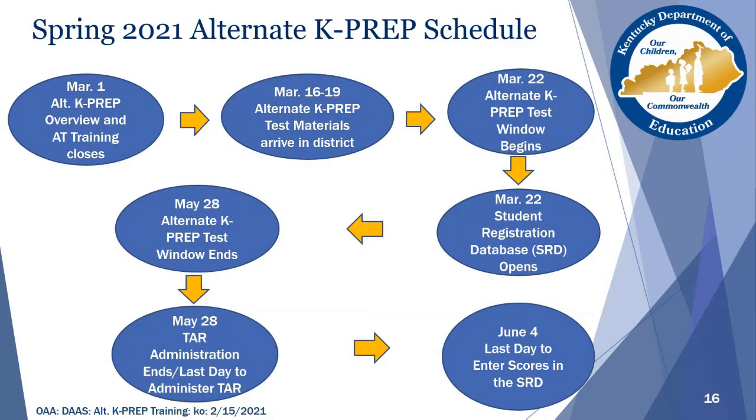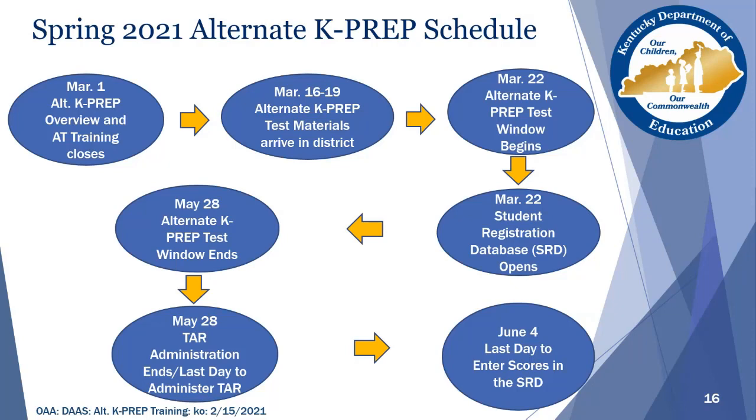This slide shows the newly revised dates for the spring 2021 administration. Originally, the last day to complete the online combined overview attainment task training and quiz had been February the 10th. That date has been pushed back to March 1st. Materials will arrive in districts the week of March 16th through the 19th, with testing available to begin on March 22nd.